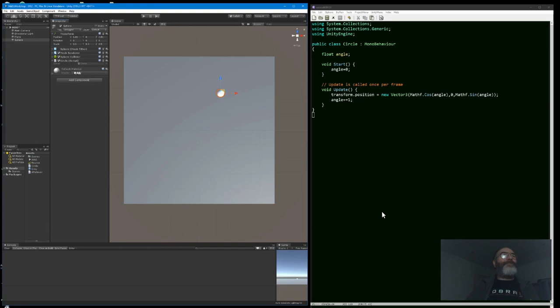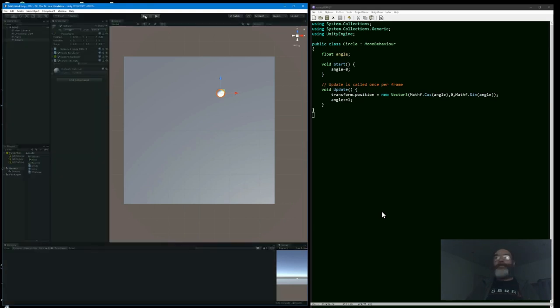I've attached my circle script to the circle and I hit play. So this isn't quite what we wanted, is it? There's sort of almost like a 6 appearing there.